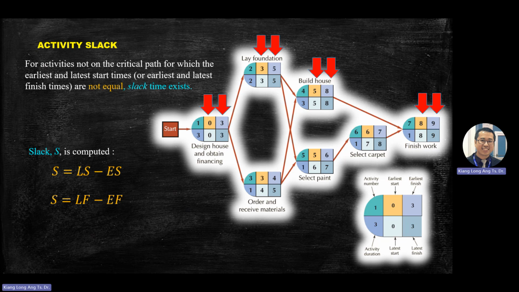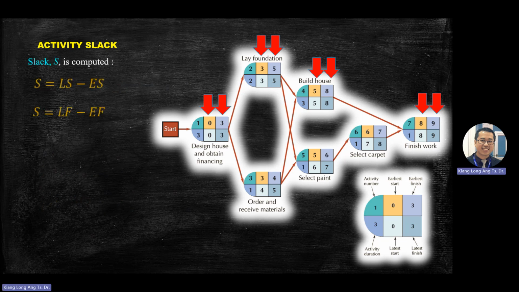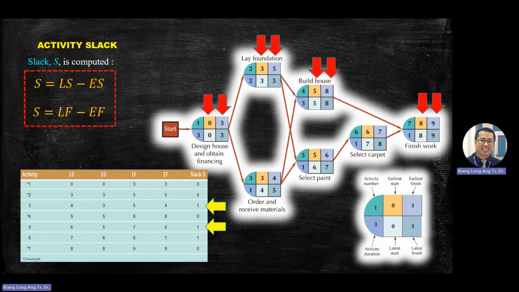Okay, so this is the last method, the fourth method of determining the critical member. And then you follow the critical member, follow the arrow, that will be your critical path. Four methods. Okay. Or another way is you build a table.